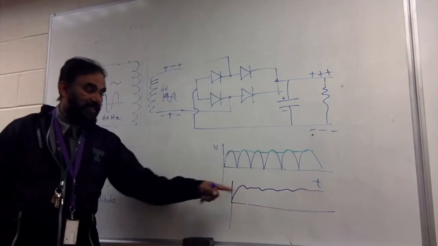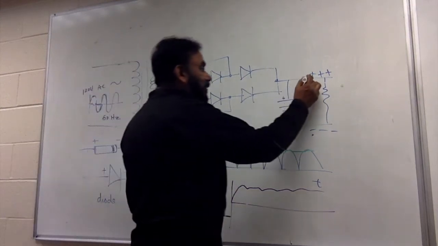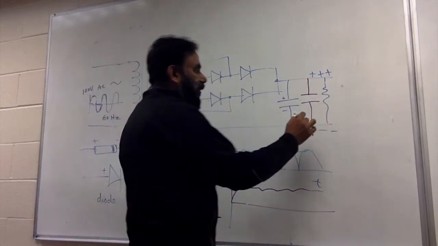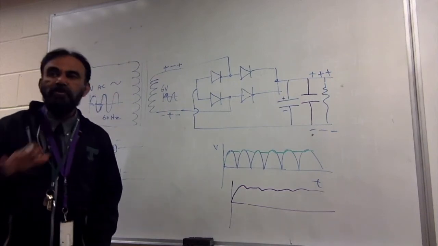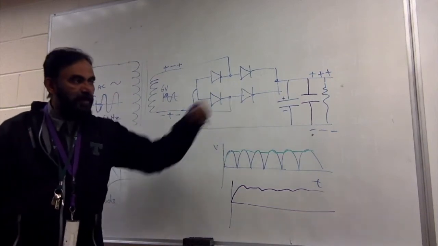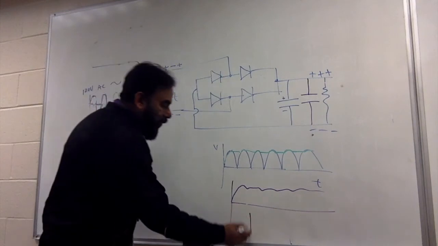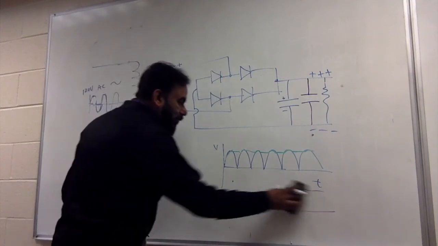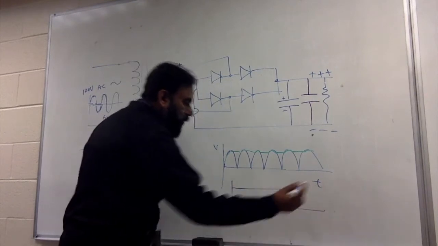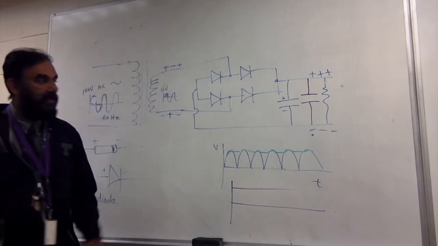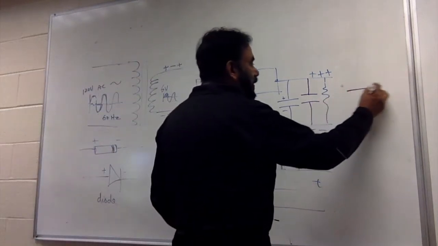Now how do you get rid of that fluctuation also? Put another capacitor, or a bigger capacitor. The capacitors mainly will smooth the output. Now if you put proper capacitors in there, the output can actually change from fluctuation to DC. And that is what comes out here.